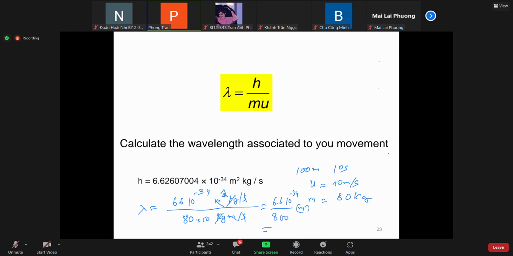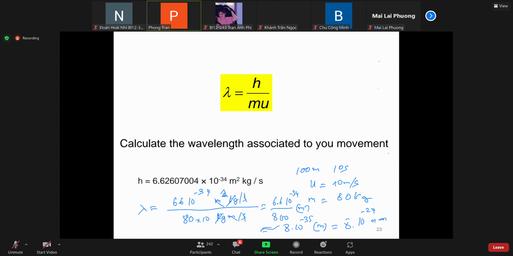So it will be approximately 8 times 10 to the power minus 35 meters. See, it is extremely small.